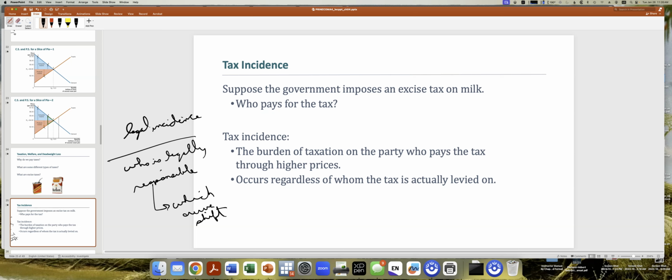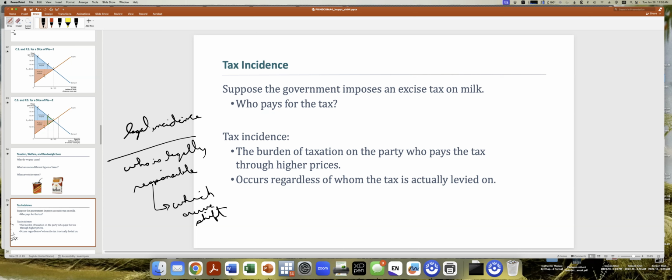Here, this would be a tax that must be imposed on the buyer. So the buyer would be legally responsible for remitting the tax. The tax would have the effect of shifting down, decreasing the demand curve, causing the price to go from $4 to our new equilibrium of $3.50.